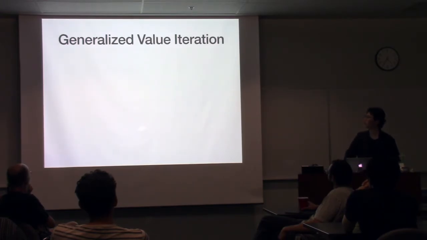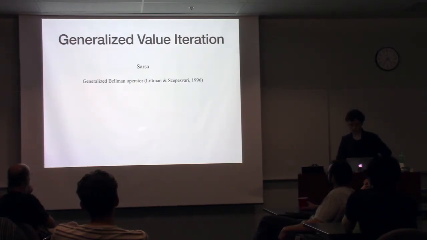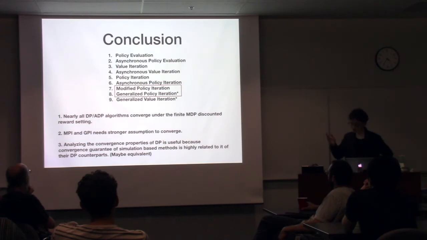Okay, and finally, the generalized value iteration. It's very related to SARSA, and it was defined by Michael Littman and Szepesvári in 1996. If you're interested, you can also check it.